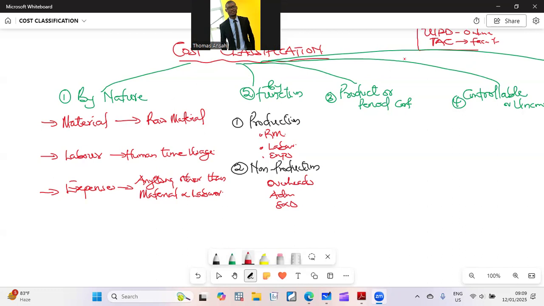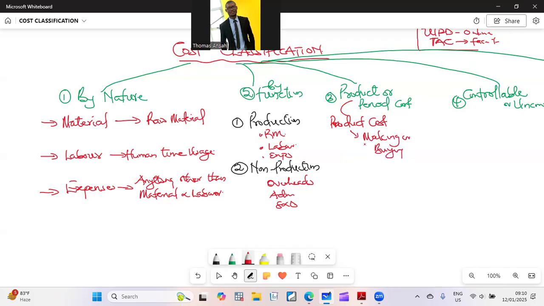So when we talk about the product cost, we are talking about those ones that go into the making or the buying of the product. So the product cost simply means those are for making the product, the cost that you incur in making the product, cost on making or buying the product.